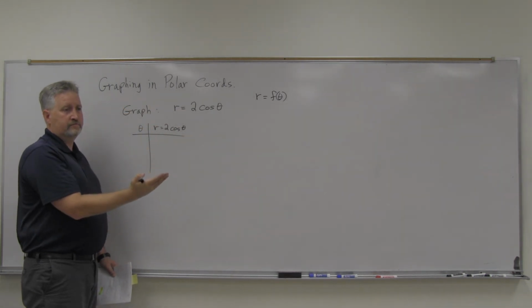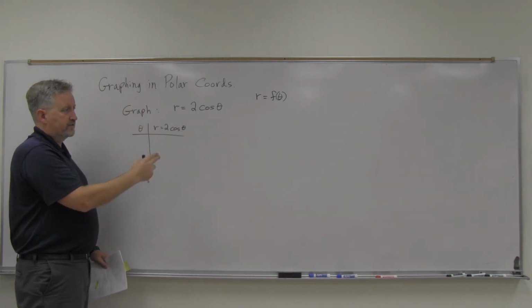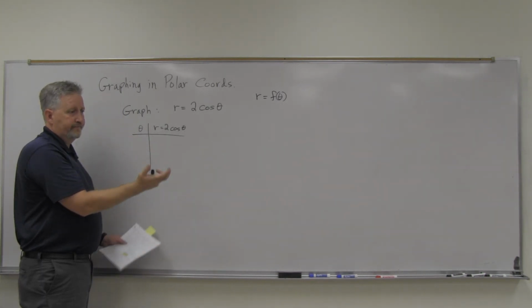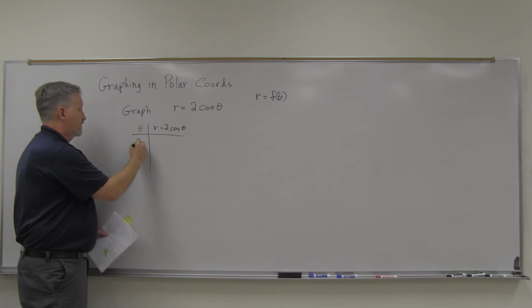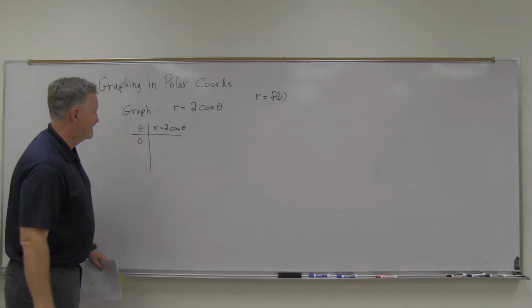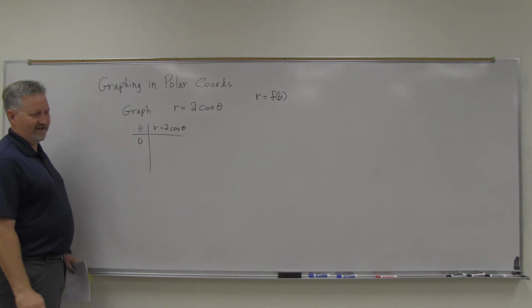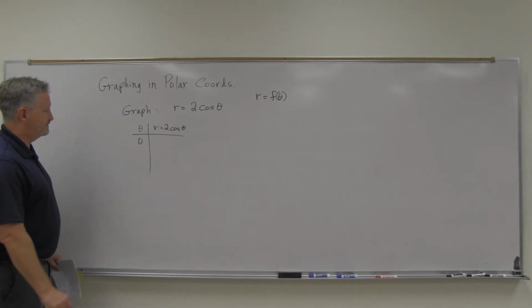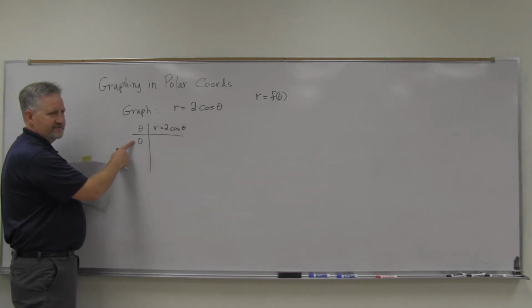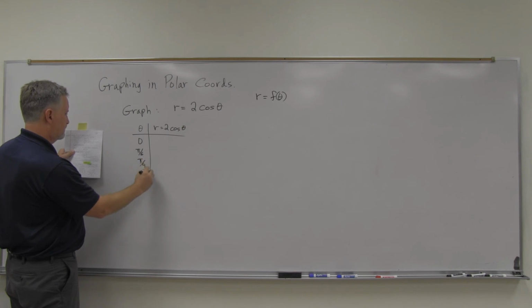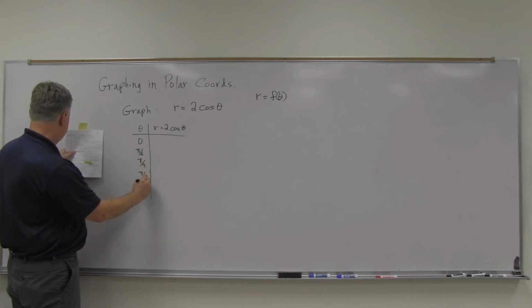Technically you can start in the negative theta range, but we're going to start here at 0 since we're doing it by hand. The calculator's real fast at this, so we can do all kinds of things with that, but let's start at theta equals 0, and then we'll work our way around. I think I had pi over 6, pi over 4, the basic ones, pi over 3, pi over 2.